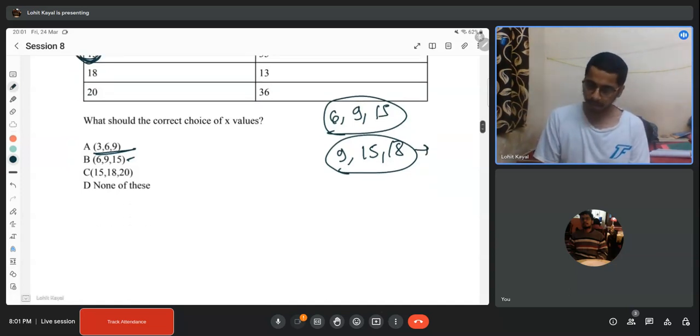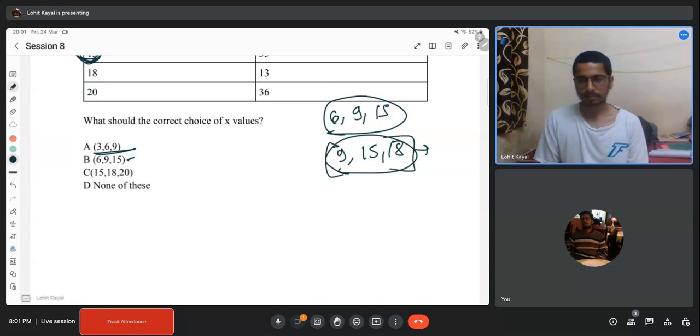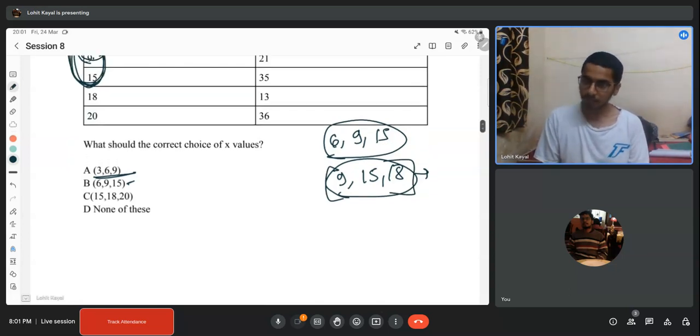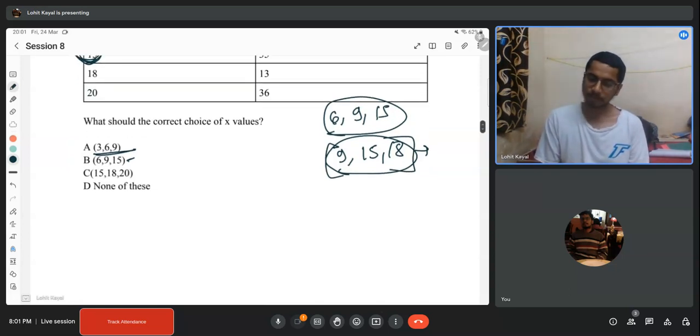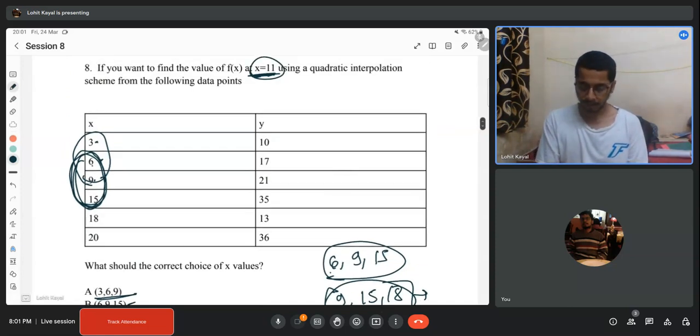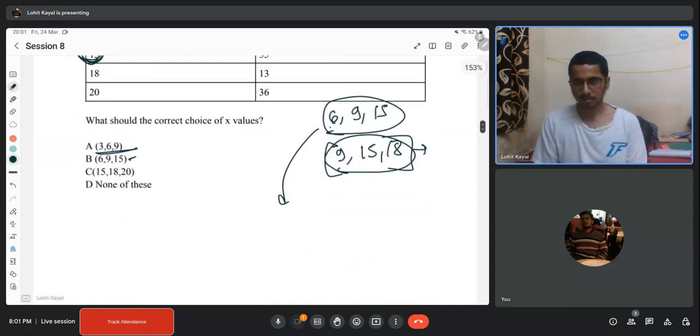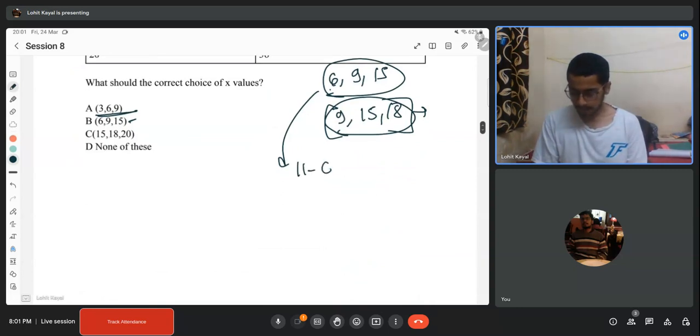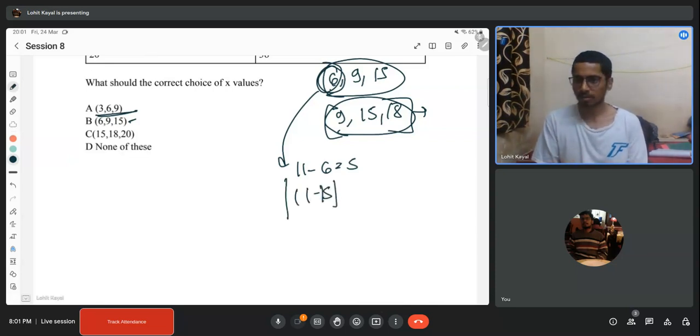Now x equal to 11 lies in this limit. It is true, but you need to verify. You need to find the difference between the starting point, the end point, and your desired point x equal to 11. In this case, 11 minus 6 equal to 5, that is x0, the x start, and 11 minus 15, taking the absolute value, is equal to 4.